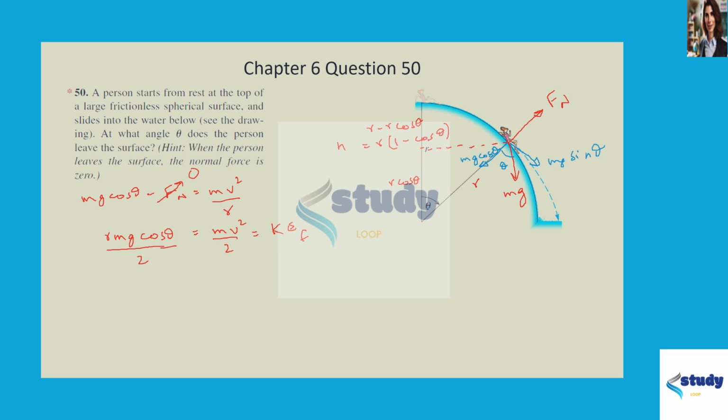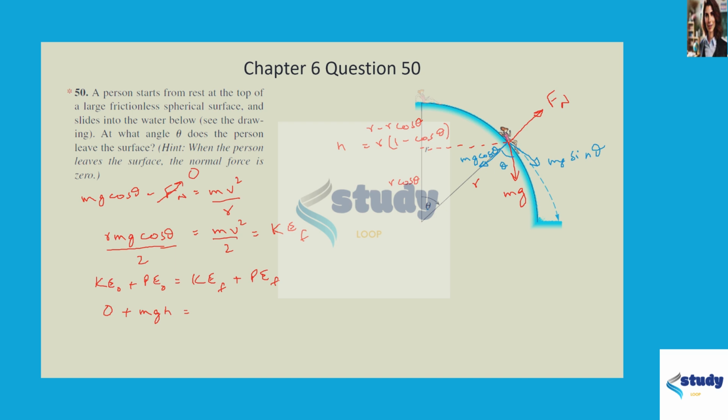And now we can go back to our law of conservation of energy, which says that the kinetic energy initial plus potential energy initial is equal to kinetic energy final plus potential energy final. Now the initial kinetic energy is 0 because the person started from rest, and the initial potential energy is mgh, where h we just found was equal to r times 1 minus cosine of theta.